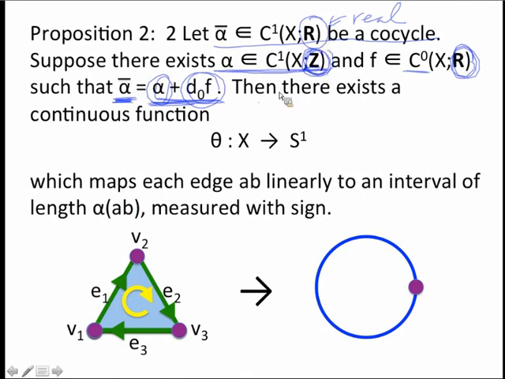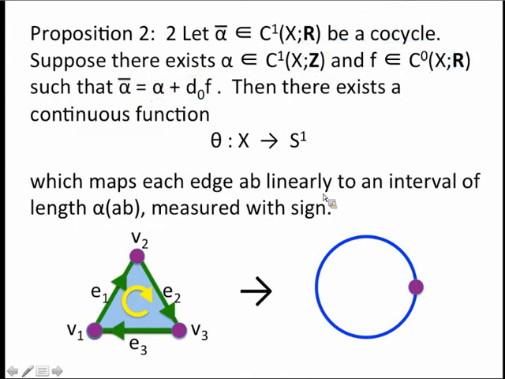So if I've got that, then I do have a continuous function again that goes into here, where now each edge maps linearly into something of this thing right here. So let's say what we said about linearly.